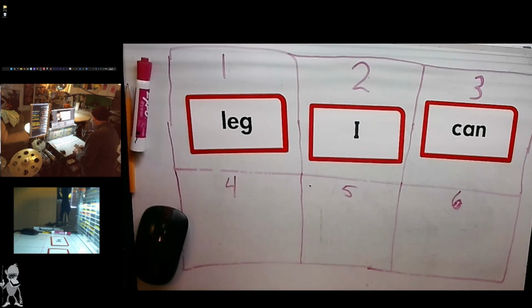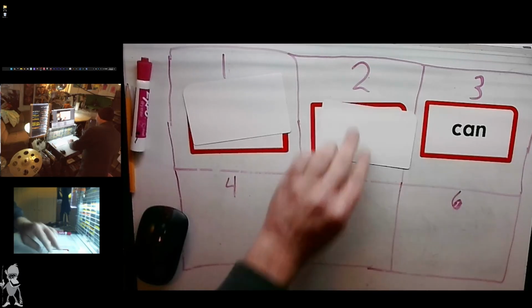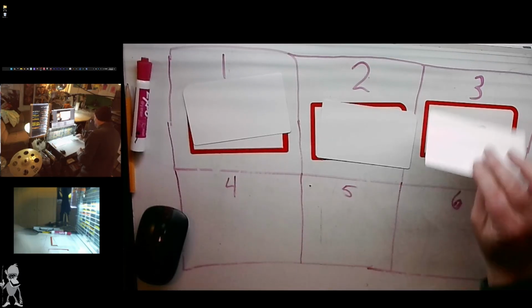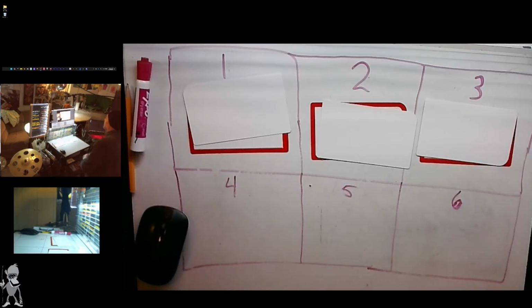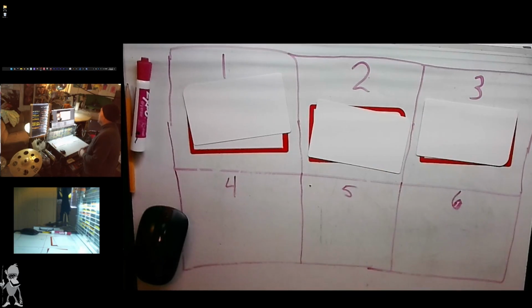Don't just drop those things right down there because they're sounding them out. Remember that. And then you can do the same thing. All right. Where was the word "I"? And have them tell you where that was at, or which box was the word "I" in. You could go that way too.